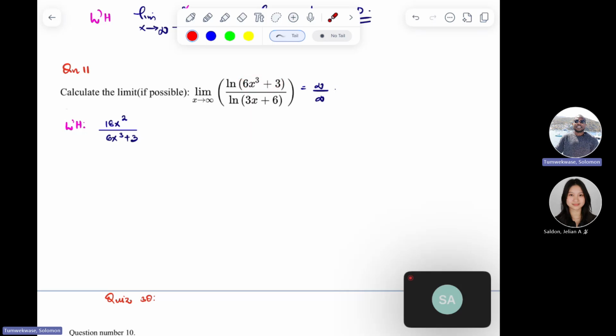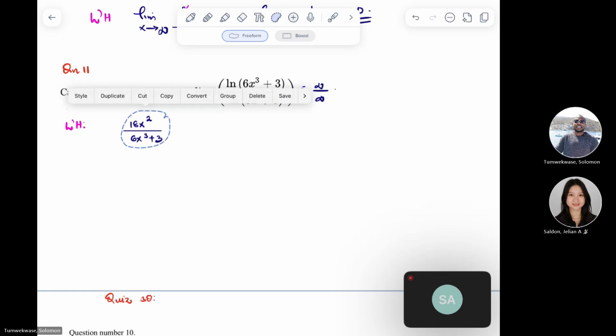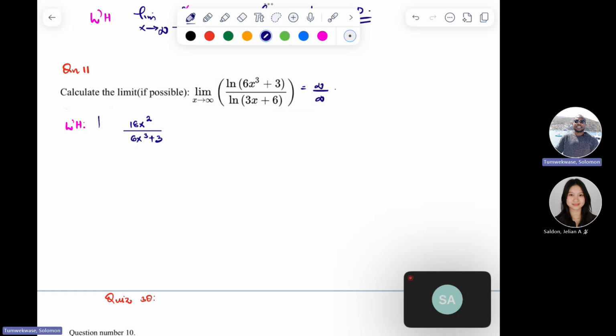That's exactly what I'm doing. So this is the derivative of the numerator. I need to put the limit. So this is limit as x approaches infinity, then divide by the derivative of the denominator, which is 3 over 3x plus 6. Okay, I hope you can see that.